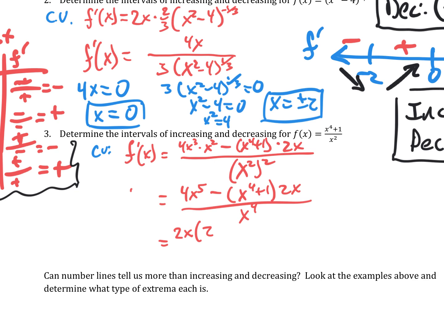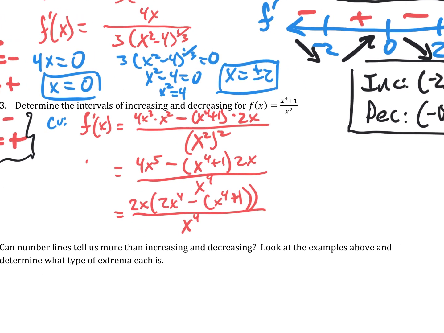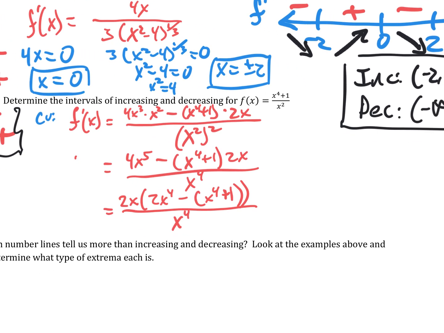That leaves us with 2x to the 4th minus the parentheses x to the 4th plus 1. So do some careful algebra here. If you go too fast, you're likely going to make mistakes that you might regret. And yeah, so just keep things in order there.